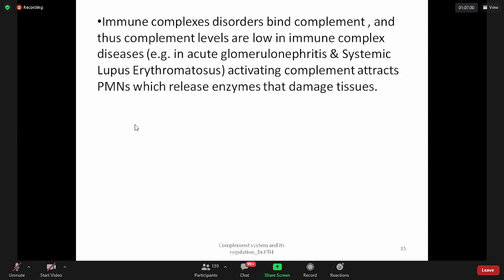But at the same time, overactivation of complement means that this person will always have activation of neutrophil functioning. So if it is rheumatoid arthritis, they'll come in with very painful joints; if it is SLE, the skin will be damaged, the eyes are damaged, the joints are damaged, the heart is damaged. And of course, in the end, if you do an assay of complement, the complement will be reduced.